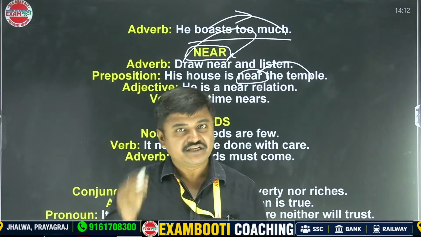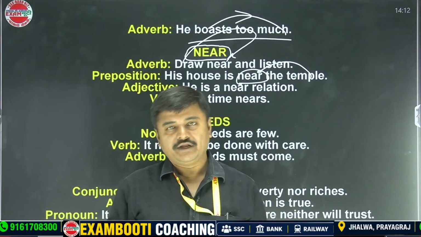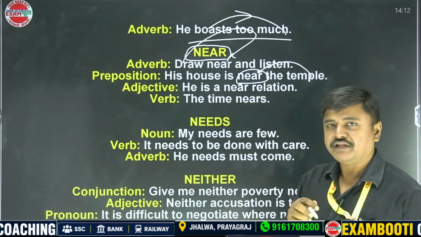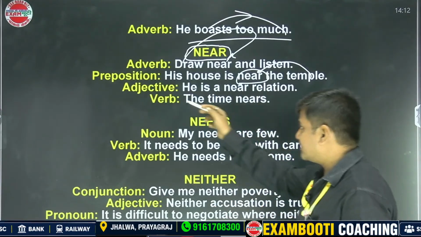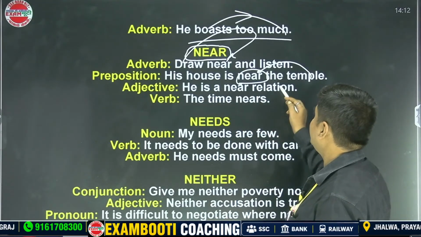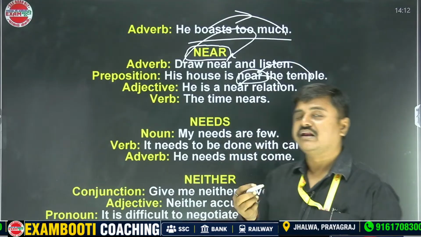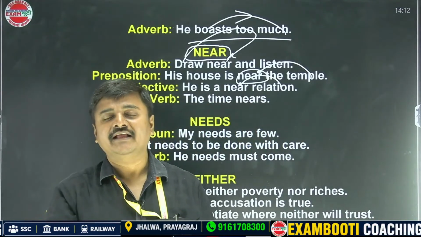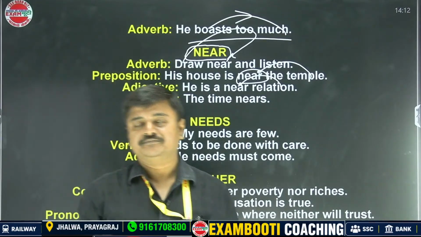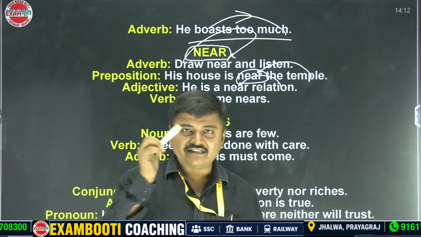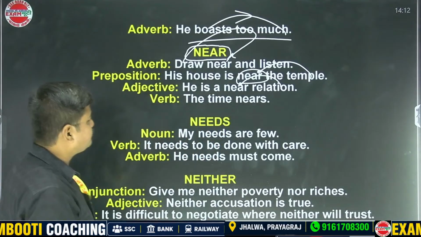So in the second sentence, you will see that near is functioning as a preposition. And in the third sentence, it is an adjective. He is a near relation, because relation is a noun and it is actually qualifying the noun relation. That's why it is functioning as an adjective in this particular sentence.